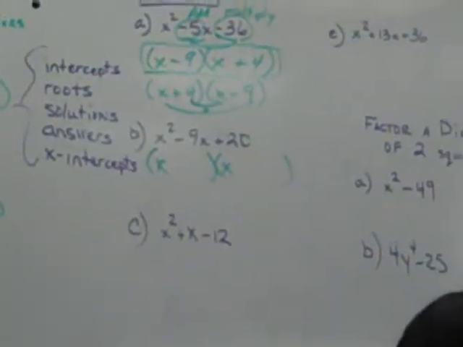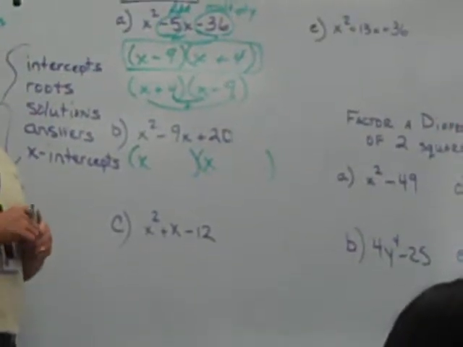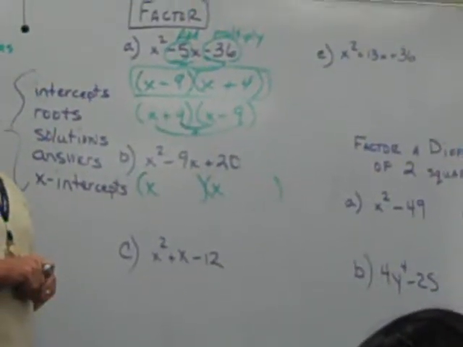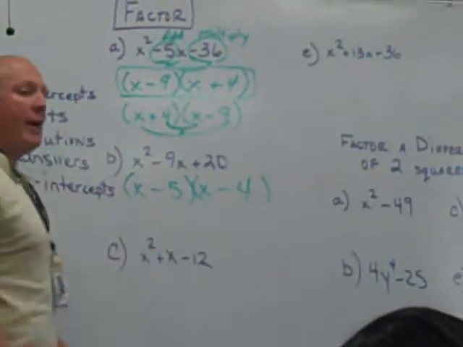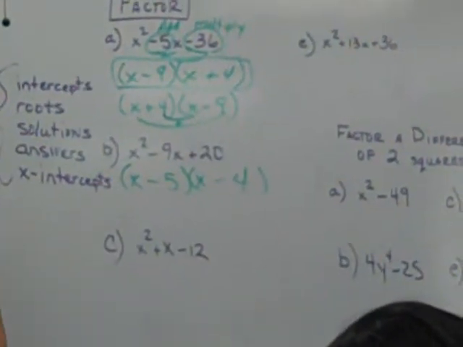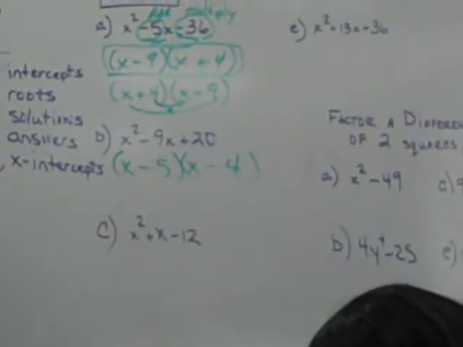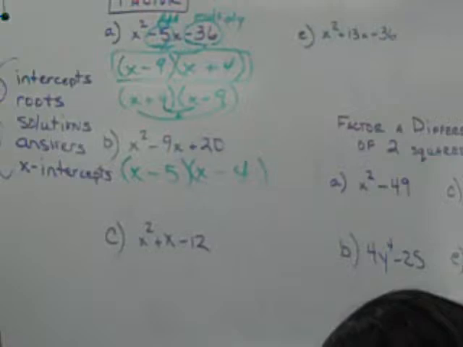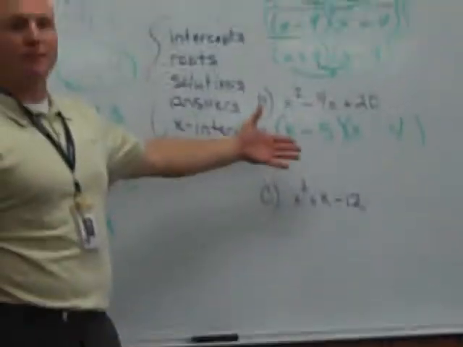Did we do that one? Nope. Miller, you got it? Negative 5, negative 4. Negative 5, negative 4. Everybody agree? Yep. Divine, you agree? Well, tell them great job then. Great job. That's the answer. That's factored.